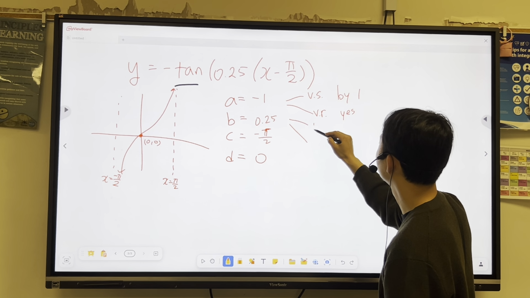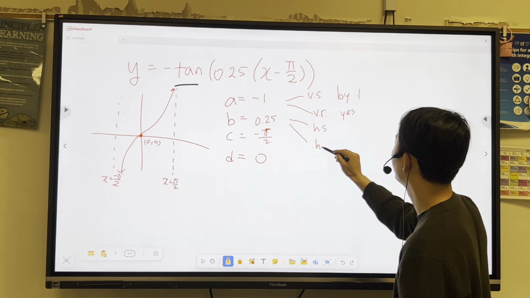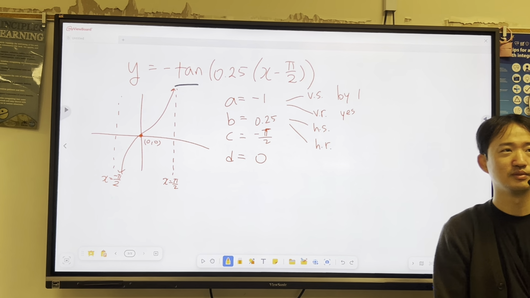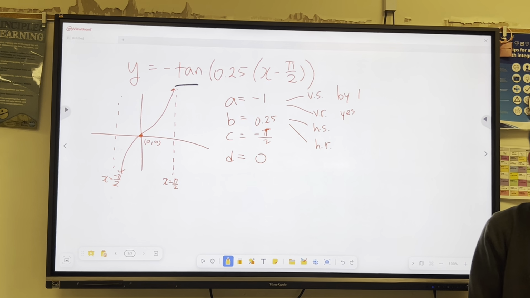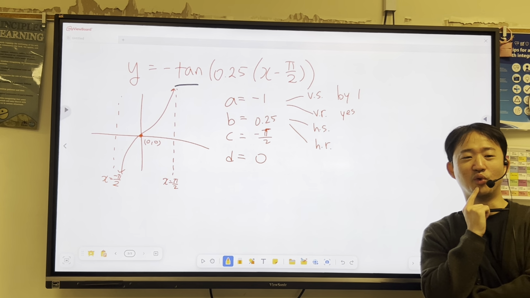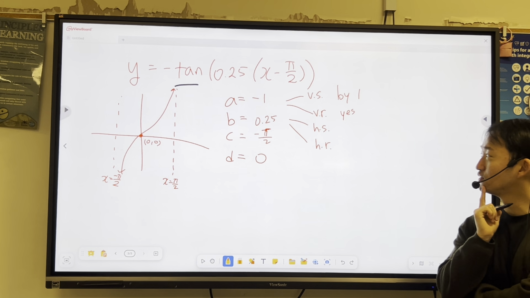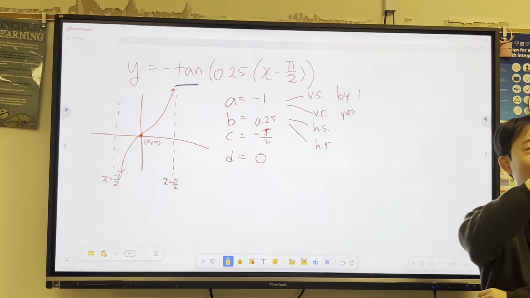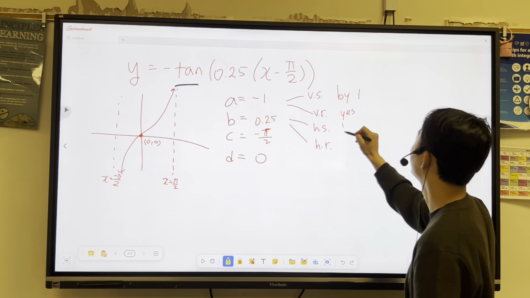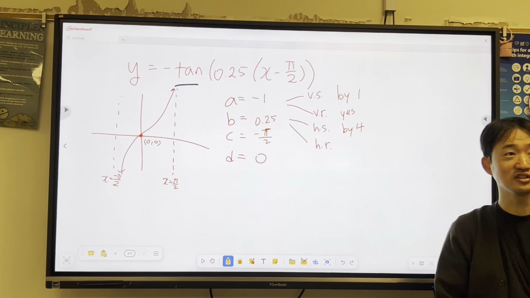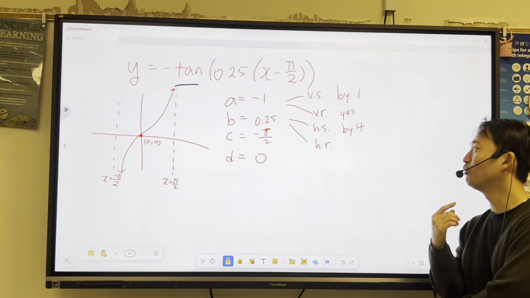B value is responsible for the horizontal stretch and horizontal reflection. First of all, B equals positive 0.25. Isn't that a 1/4? So horizontal stretch by 4. And horizontal reflection, no reflection.